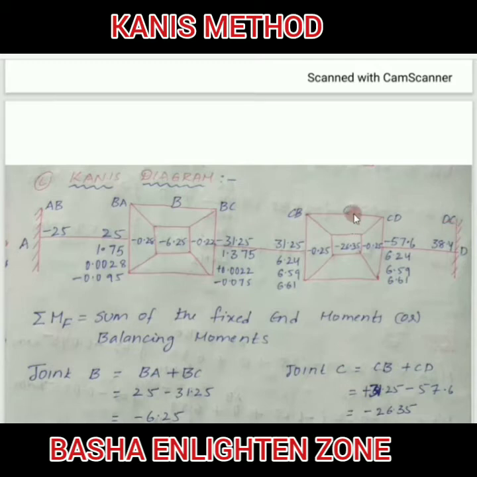At the same time, for C, BC, BA and AB are all forends. But while calculating the rotation moment for a particular joint C, for the sum of the forend moments you can consider DC and BC only, not BA. Why? Because BC and DC are the connecting members for C, but BA and AB are the connecting members for B. So while doing that particular joint, you have to consider those particular members.